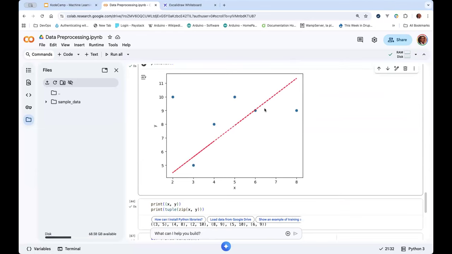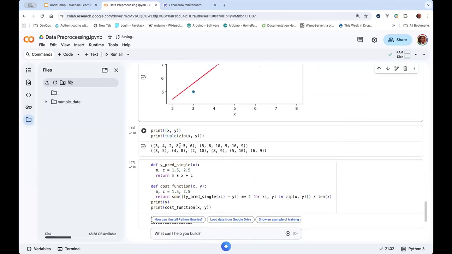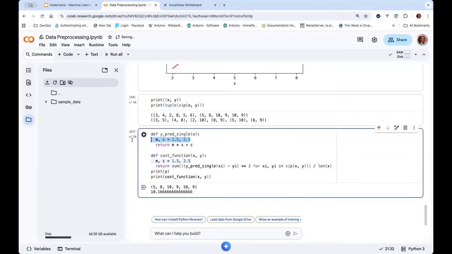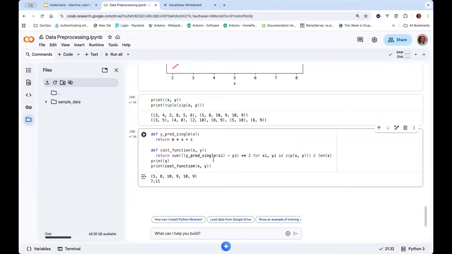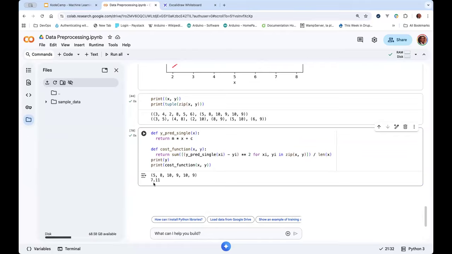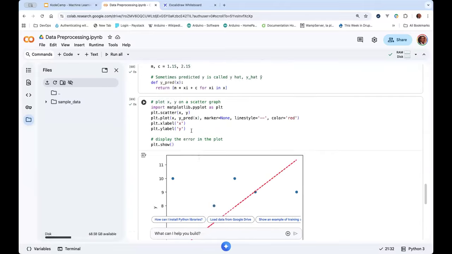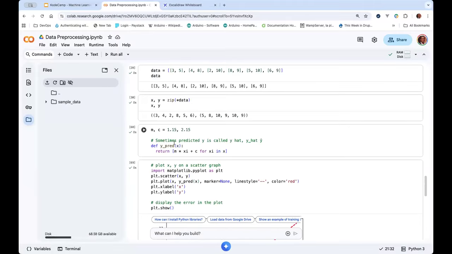You can now see it has come back down. Let's see what the error is. I'll remove these ones here so that I'll use the 1.15 that I have in the global space. I'll run this and you see it's 7.11. Before it was 7.6, now we are at 7.1. I'll increase it a little bit more manually, maybe 1.2.